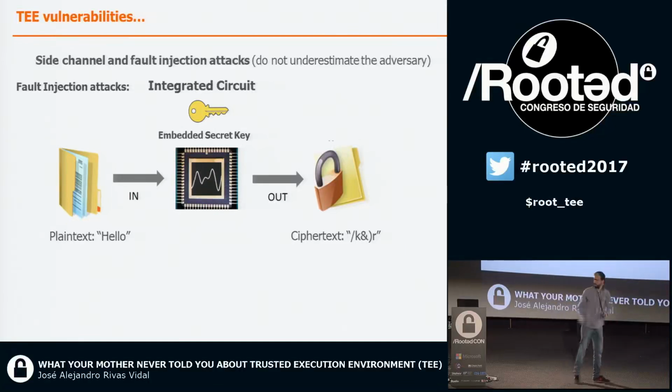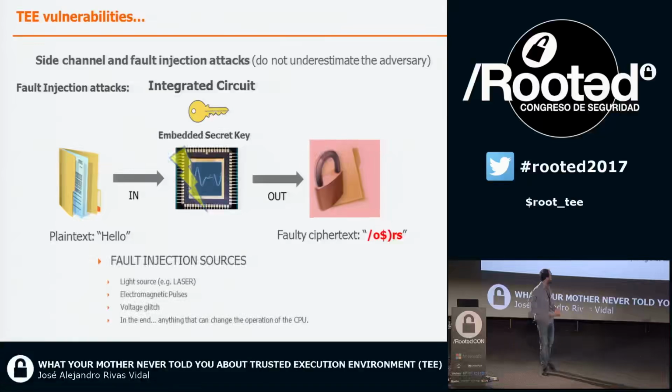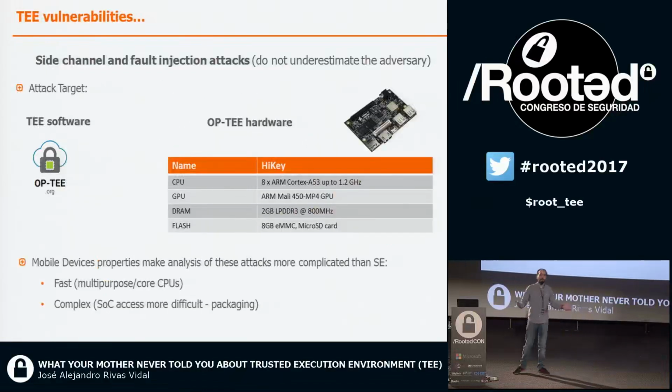Well, if we apply mechanisms that disturb the functioning of the chip, for example, through laser glitches and similar things, and we assess the result after disturbing the chip, we might be able to obtain a cipher key or any other thing that we want to achieve and obtain.